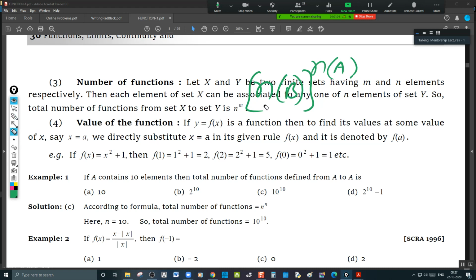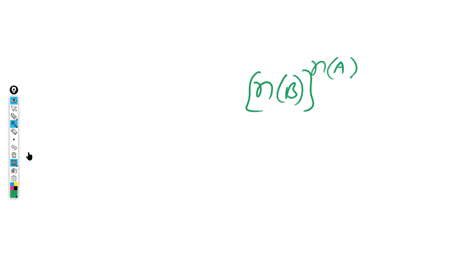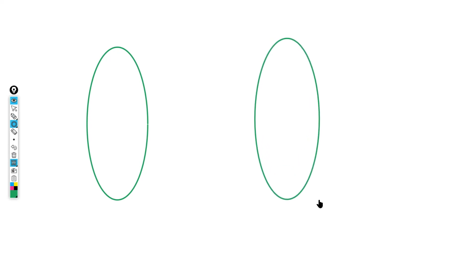So number of functions, how do we calculate the number of functions? Let me revise this once briefly. See, whenever there are some elements in set X and set Y, let me say this is set X, this is set Y, and there are some elements here, X1, X2, X3, X4.